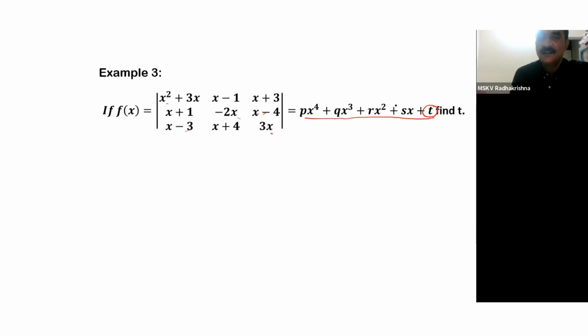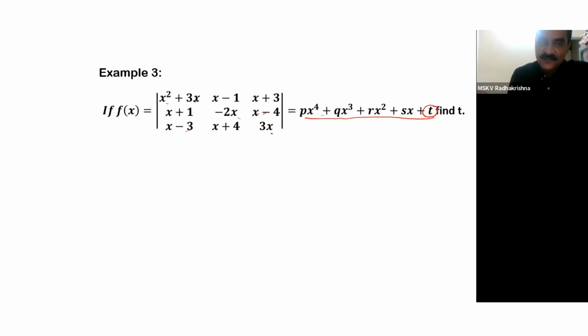Here, what we do is, you want t only, not other terms. So make the other terms 0. How do you make the other terms 0? By substituting x is equal to 0. Is it not? By substituting x is equal to 0 in the right hand side becomes only t.